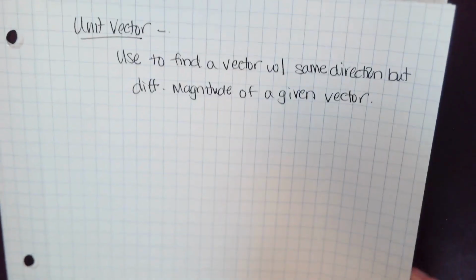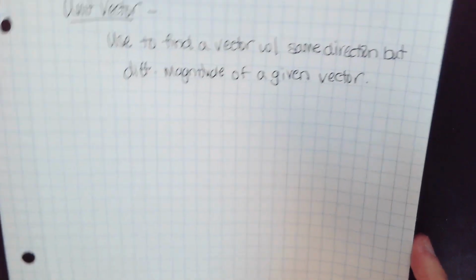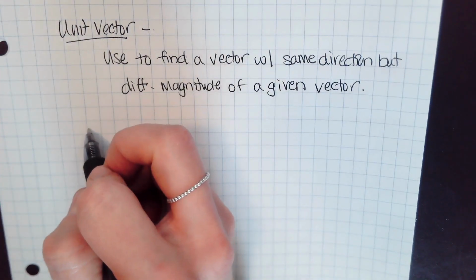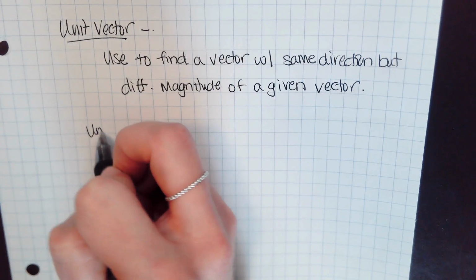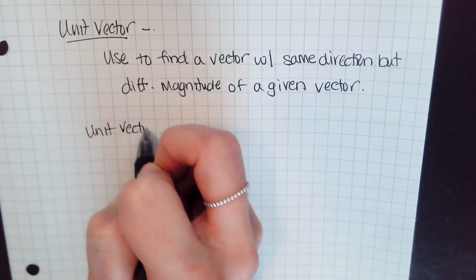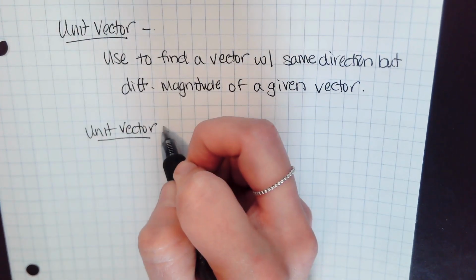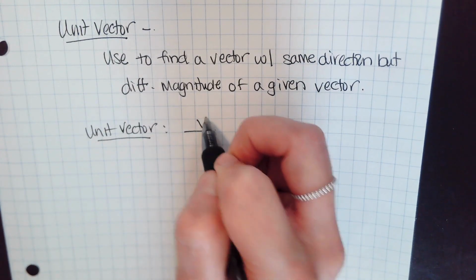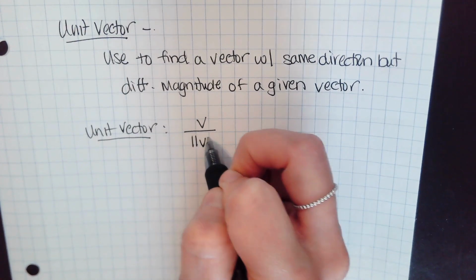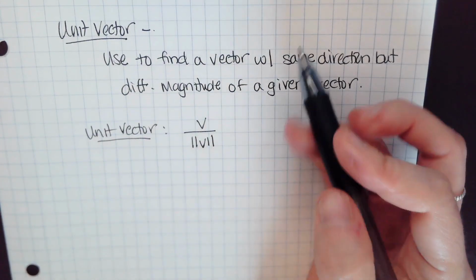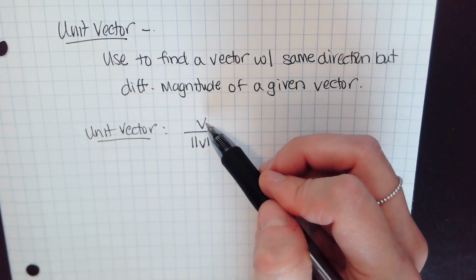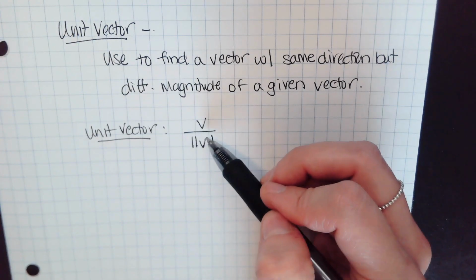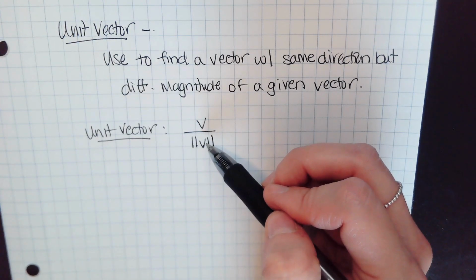All right, so to find your unit vector, we need to find the magnitude of that original vector. So let's say we have vector v. We would take that vector and divide it by its own magnitude. So let's say the magnitude of v was 5, then you're going to divide that whole vector by 5.